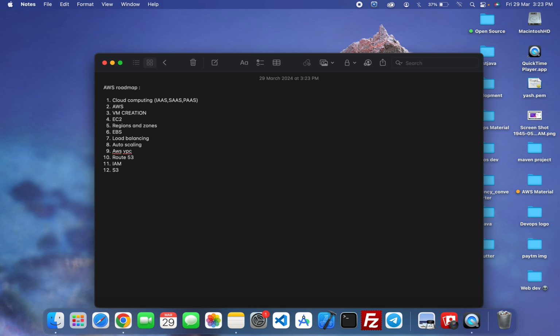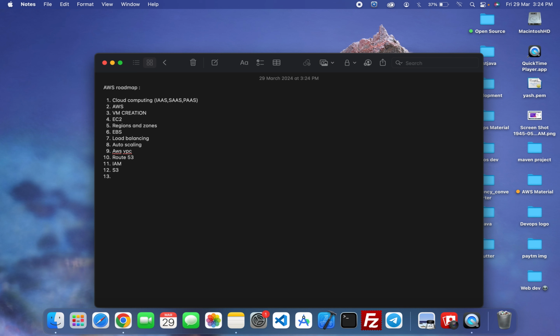S3 is just a storage bucket. We can put any type of data in our S3 bucket, and an S3 bucket doesn't have any storage limit. It is an unlimited storage bucket. So we want to learn that as well.